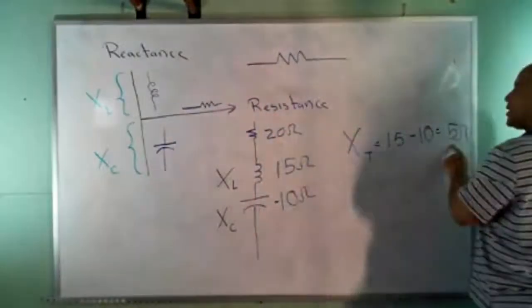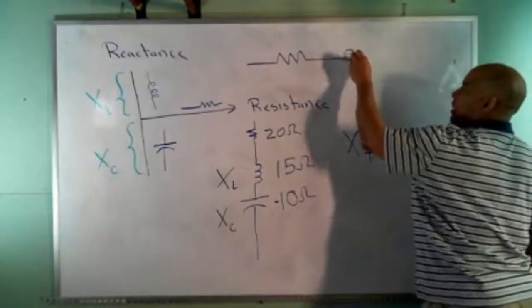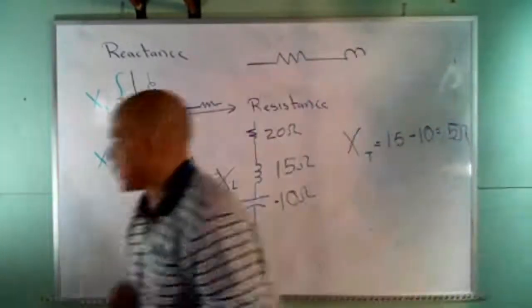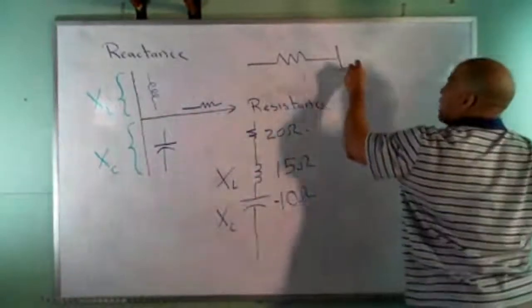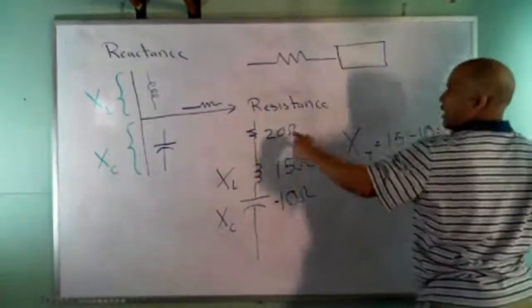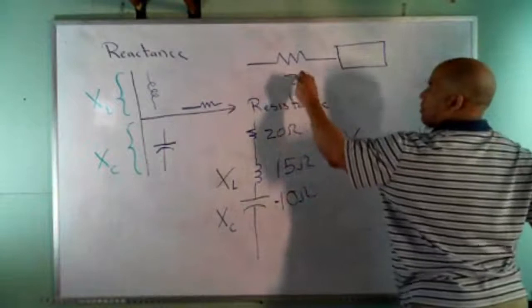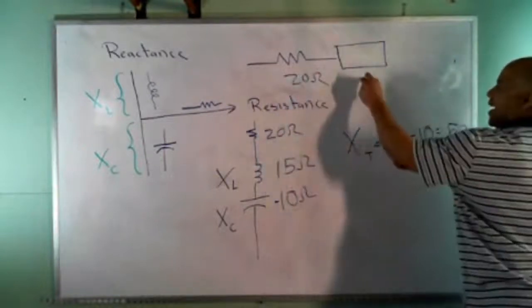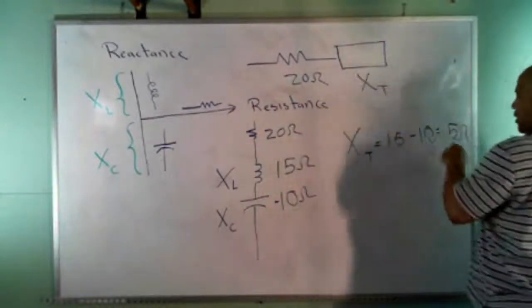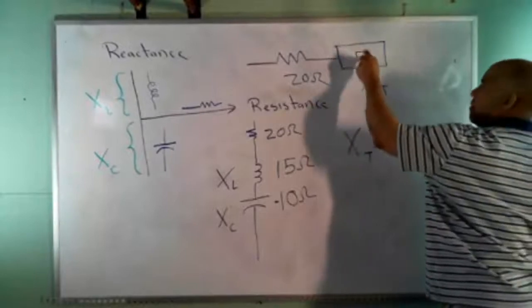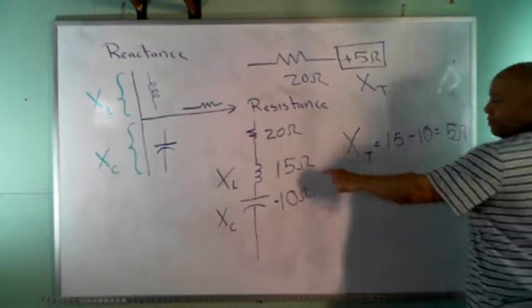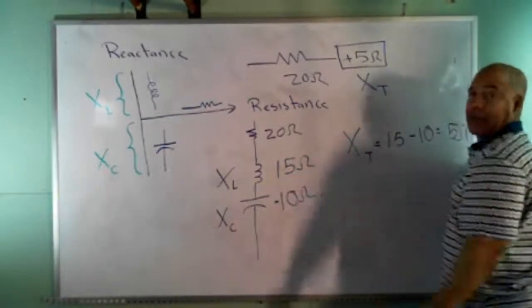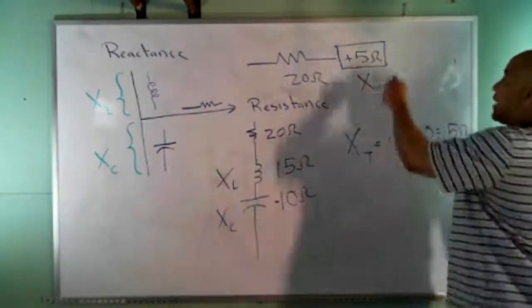Let's do it like this. I'm just going to draw my X as a box. So I got 20 ohms, but my XT here now is going to be 5. And that's a positive 5 because my inductor value is bigger than my capacitor value. And now you have exactly the circuit we had before.